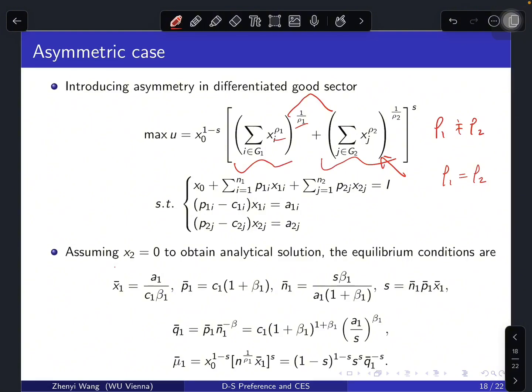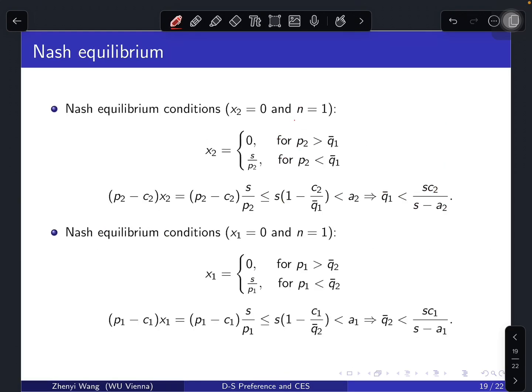It means that they assume x2 equals 0 to obtain an analytical solution, and you could find that the equilibrium conditions, the equilibrium price level and the equilibrium number of firms, are just the same function as in the constrained case.